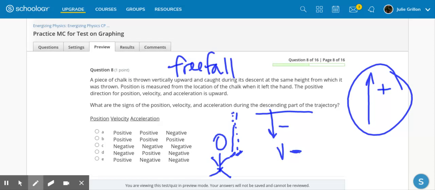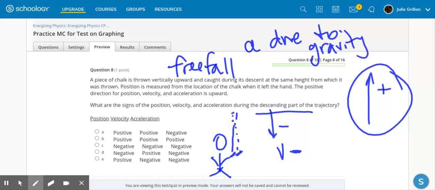The acceleration is going to be the acceleration due to gravity, which is always pointing down. So acceleration is negative. So let's look at velocity. We need negative velocities, and we have to have negative acceleration. So the only choices are C and E.